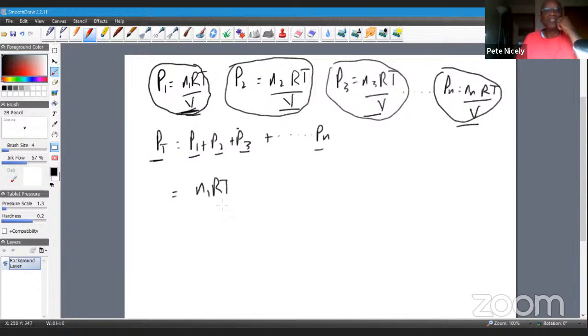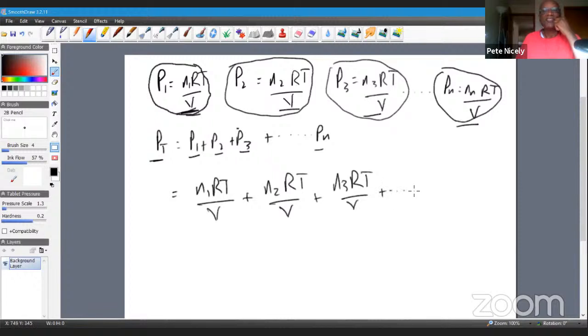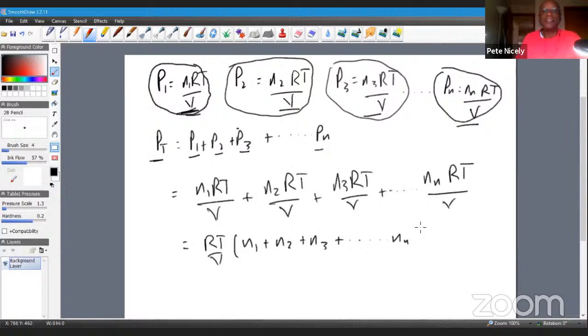So for P1, I'm going to put N1 RT over V, plus for P2, N2 RT over V, plus for P3, N3 RT over V, and then that continues to Pn, which is NN RT over V. All right, and we can simplify this by factoring out RT over V. And what you're going to end up with is N1 plus N2 plus N3 plus all the way to NN, right?